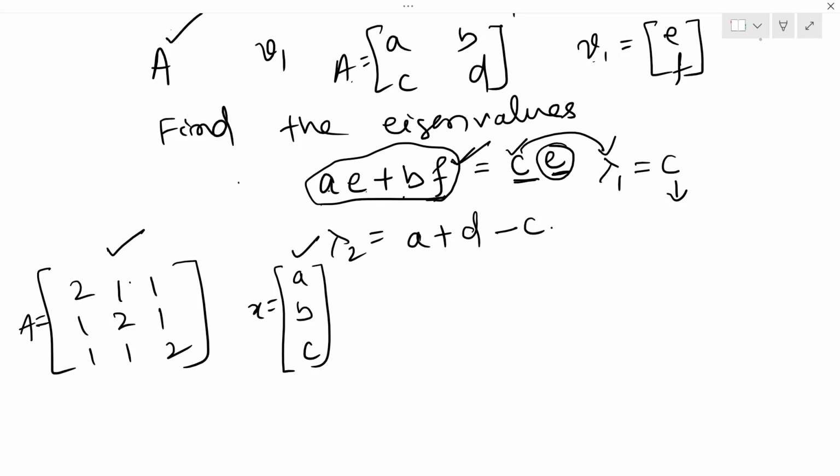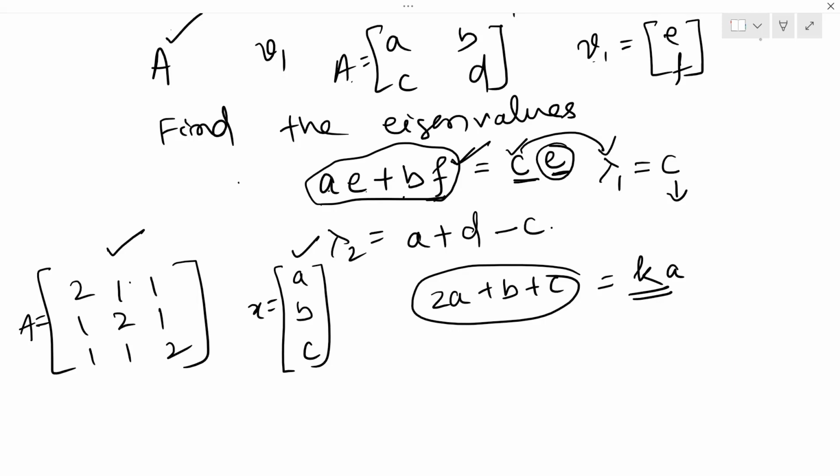So what will I do? I will just multiply. 2A plus B plus C is a scalar value. This scalar is equal to K times A. This K is one of my eigenvalues.